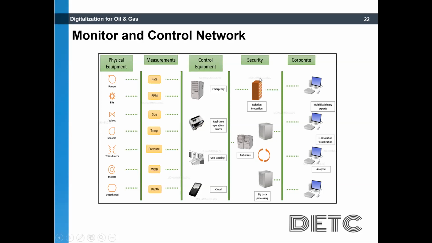And here are the security layers to prevent any cyber vulnerabilities. And this is the corporate layer where we basically do the visualization of the information, allow for collaborative work environments, and achieve analytics to improve the overall performance of the equipment and the operation.